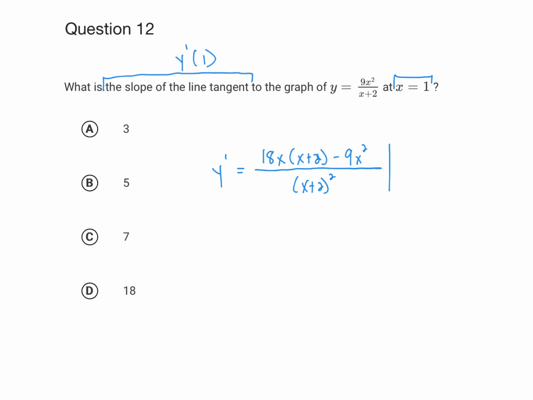Okay, this is an evaluation bar, so we'll evaluate it at x equals 1. Alright, just plug in 1 for all those x's. 18 times 1 is just 18 times 3. And then the bottom is 3 squared, which is 9.